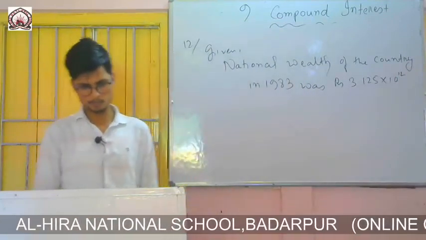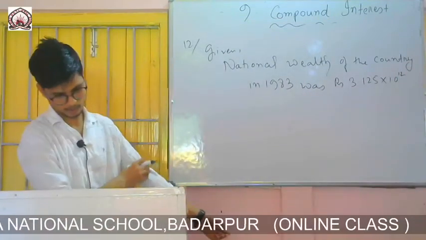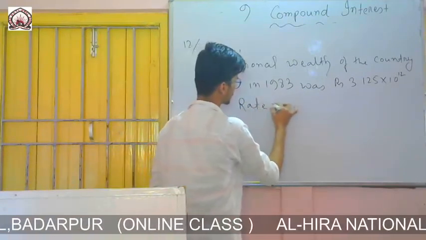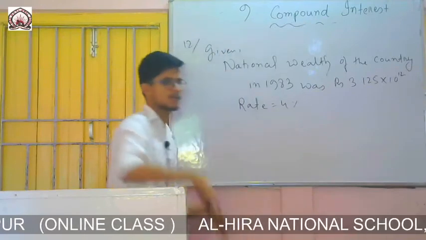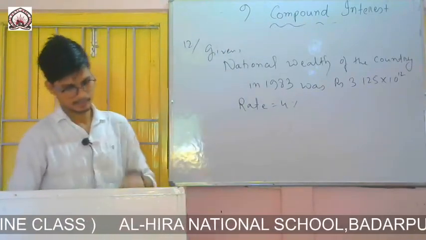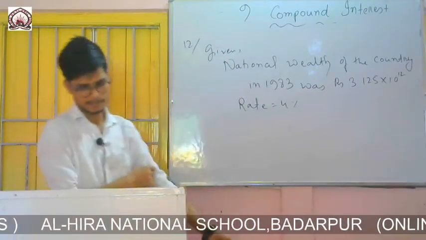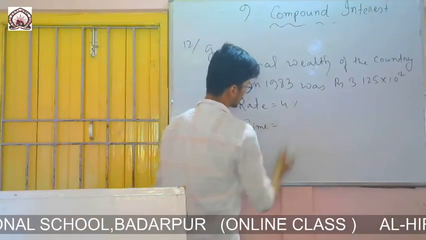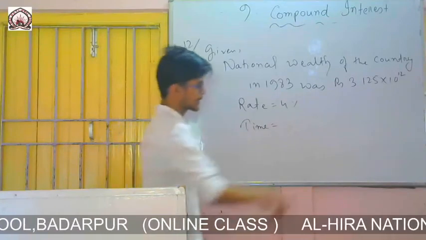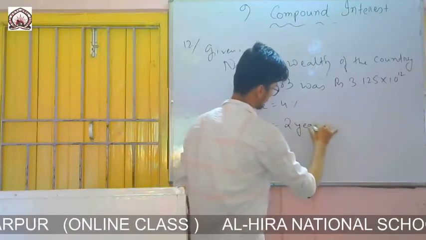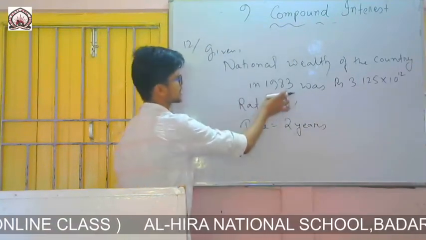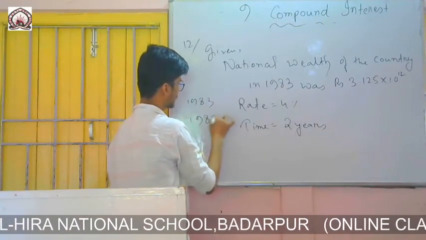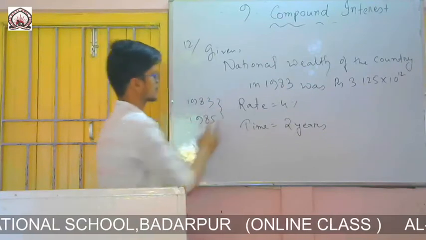The rate is given as 4%. Rate equals 4%. The national wealth of the country is increasing, so the rate will be positive, and time is given as 2 years, because 1983 is given and we are finding it for 1985, so the gap between these two is 2 years.